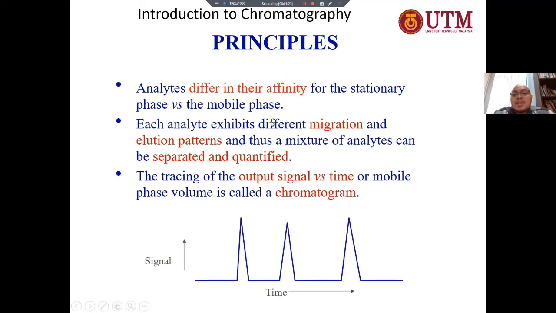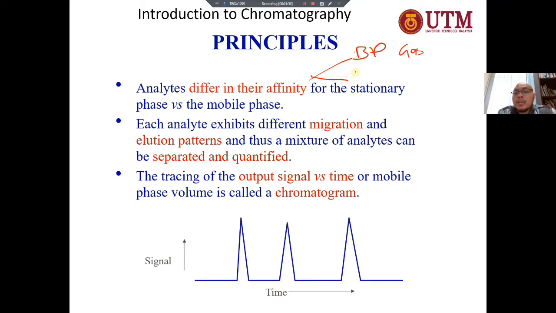So each analyte exhibits different migration and elution patterns, and thus a mixture of analytes can be separated and quantified, as in the analogy I described before. The difference in their affinity can be affected by the boiling point in gas chromatography, for GC. But for liquid chromatography, it doesn't involve the boiling point.